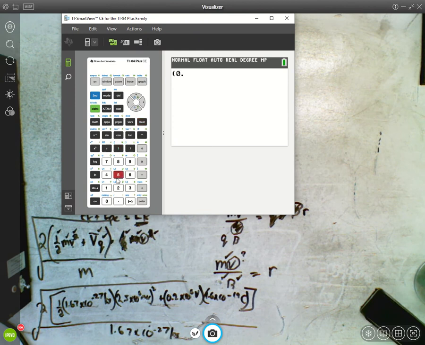So I'm going to go 0.5 times 1.67 times 10 to the negative 27 times 2.5 times 10 to the 6, and do that all in brackets. And then I'm going to add on 0.2 times 10 to the 6 times 1.6 times 10 to the negative 19. And that's all the stuff inside of the brackets here.